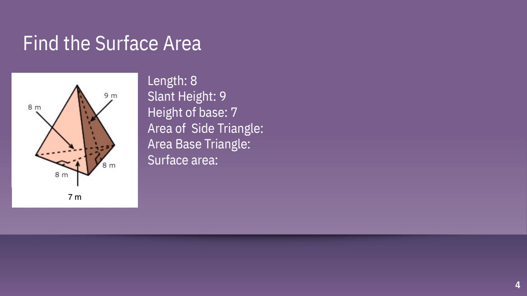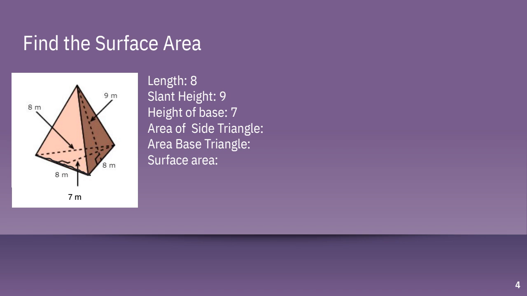For our first example, we have a triangular pyramid, and we are asked to find the surface area. First, we need to know how to label our triangular pyramid. 8 is our length, also known as our base.